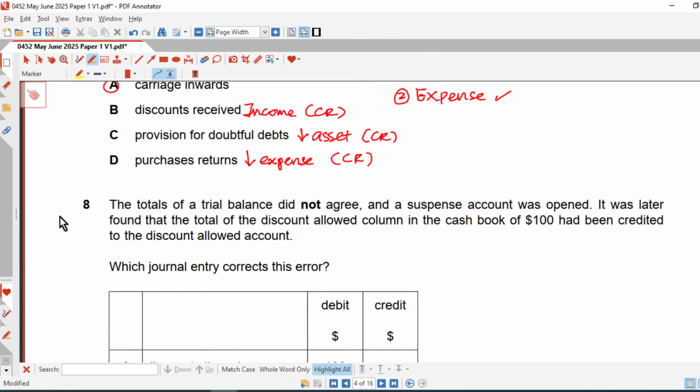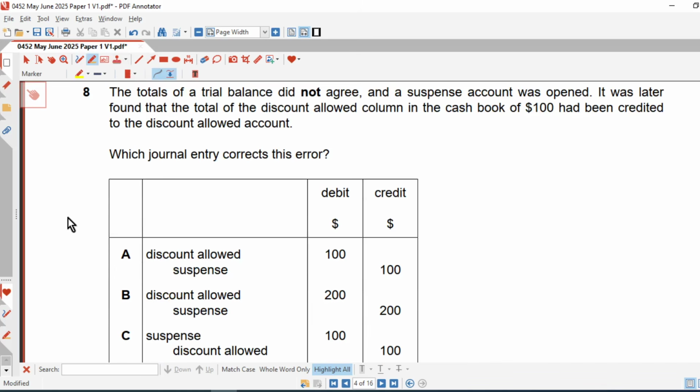Question number 8. The totals of a trial balance did not agree, and a suspense account was opened. It was later found that the total of the discount allowed column in the cash book of $100 had been credited to the discount allowed account. So which journal entry corrects the error?